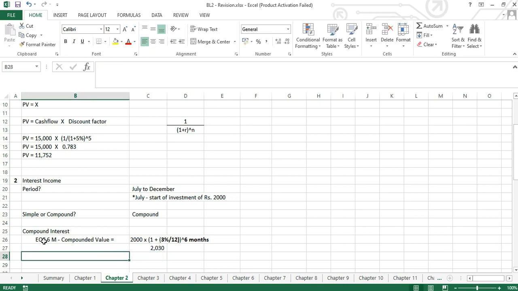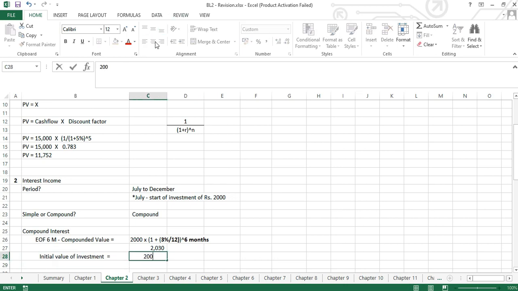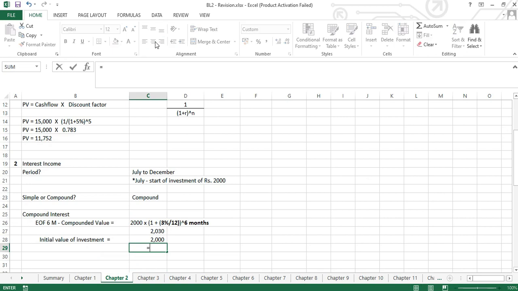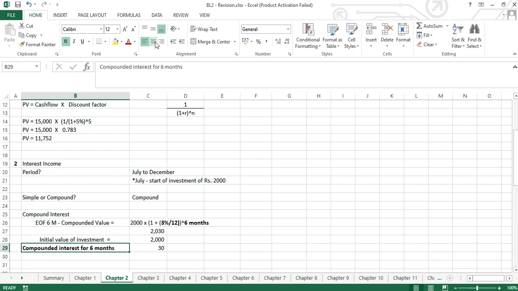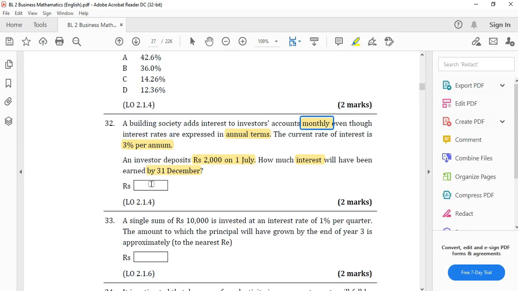Okay. Then the initial value of the investment is 2000 rupees as they mentioned in the question. What's the gap? The gap is called the compounded interest for how many periods? 6 months. Okay, because we calculated the future value for 6 months. Hence the answer will be 30.